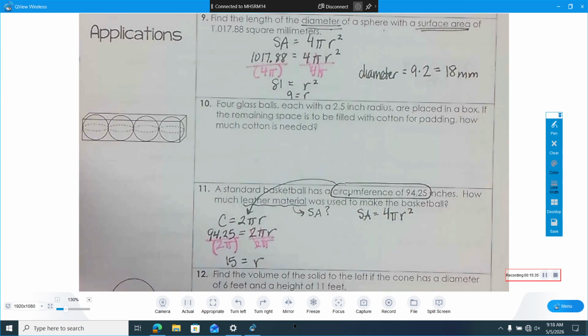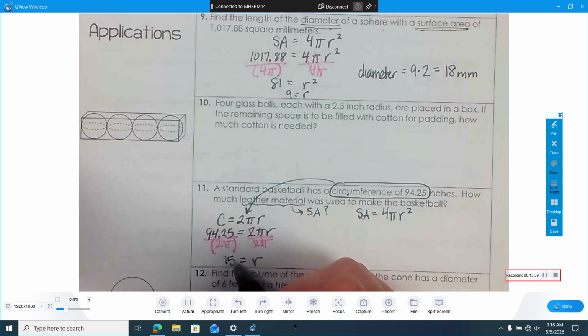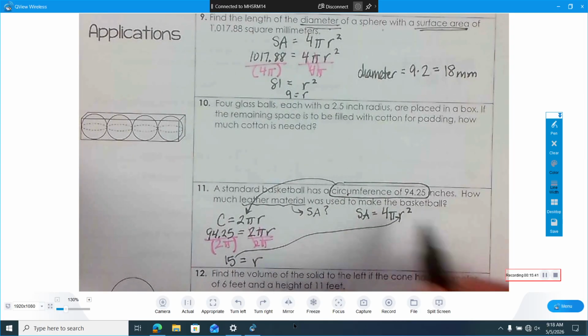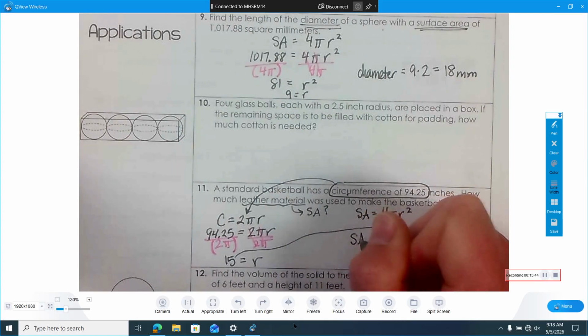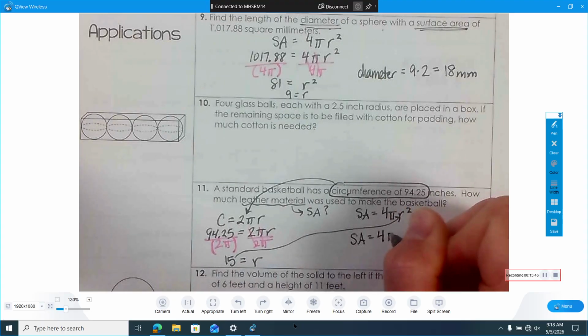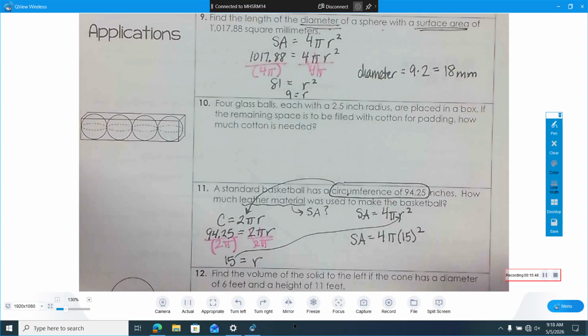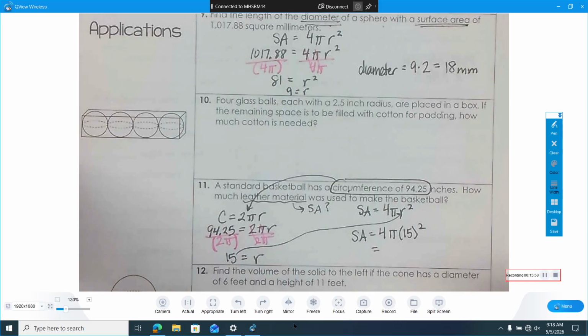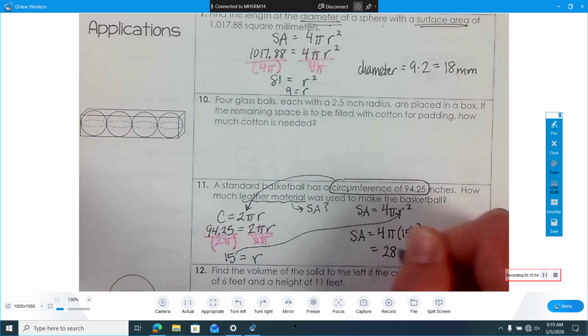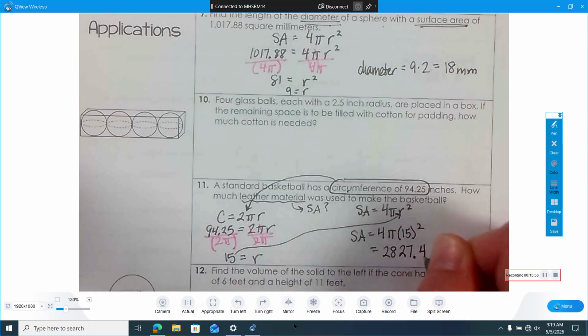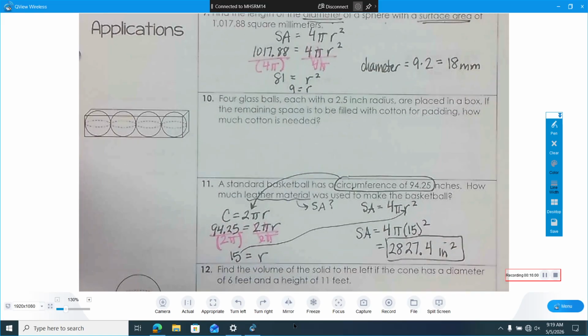All right, so now we know our radius. What do I do with the radius? Plug it in for our surface area formula. So 4 pi times my radius squared. Yeah, very good. 2,827.4 inches squared. So that was like a two-stepper.